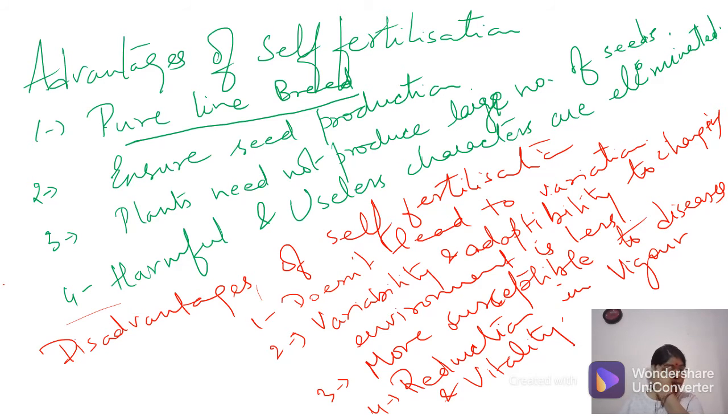This is the disadvantages of self-fertilization. We will come to cross fertilization also. So let's move on and look at the different types of pollinating agents.